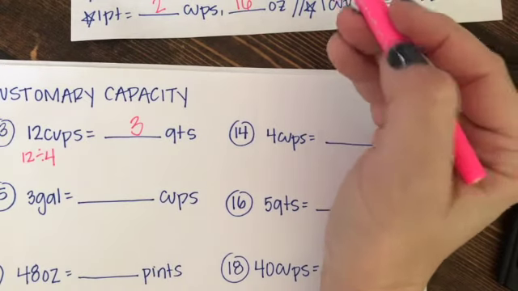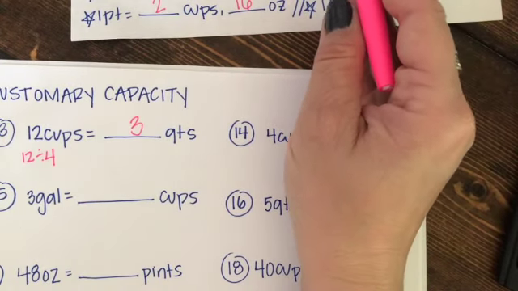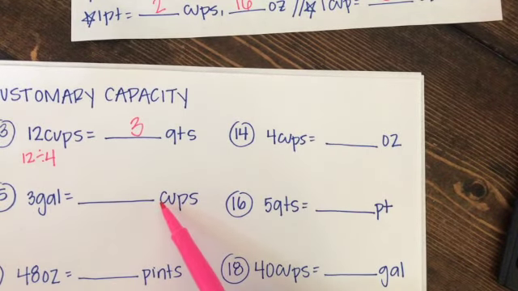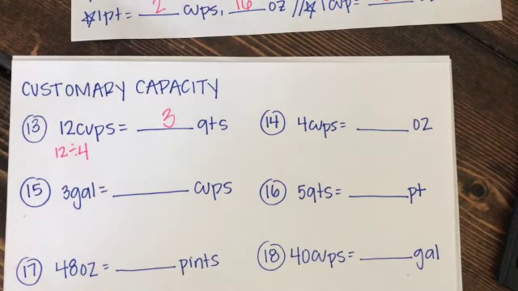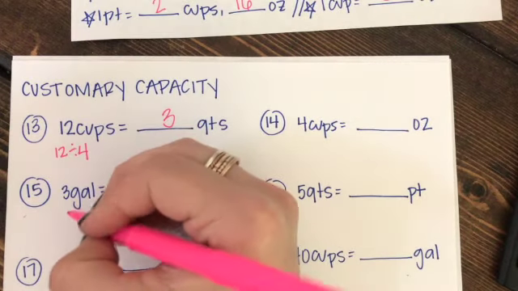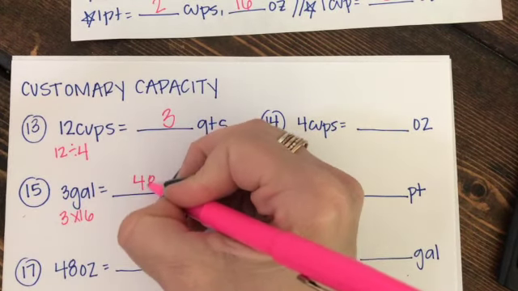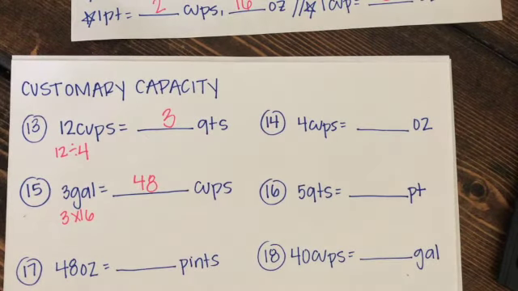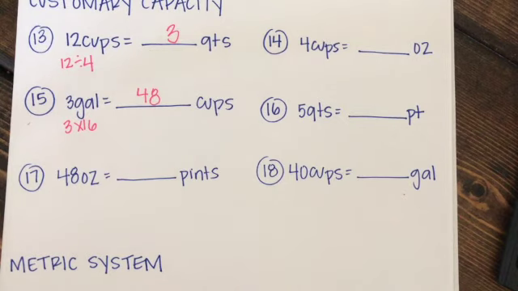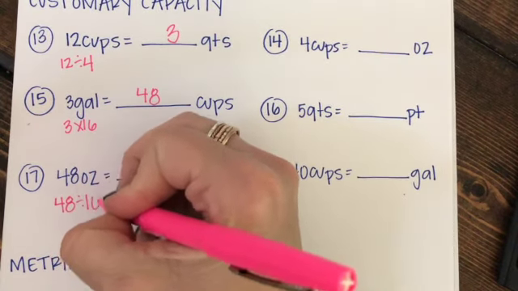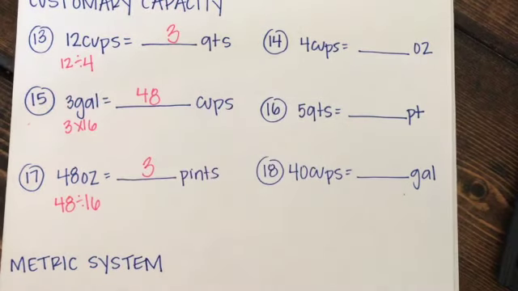So if I have 12 little cups, right, I could make 3 quarts out of that. If I have 3 gallons, how many cups is that? Well, every gallon has 16 cups. So 3 times 16 is 48. What if I have 48 ounces? How many pints is that? Each pint has 16 ounces, so 48 divided by 16 makes 3 pints.